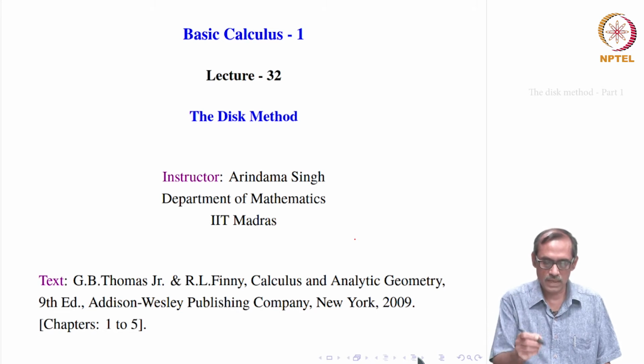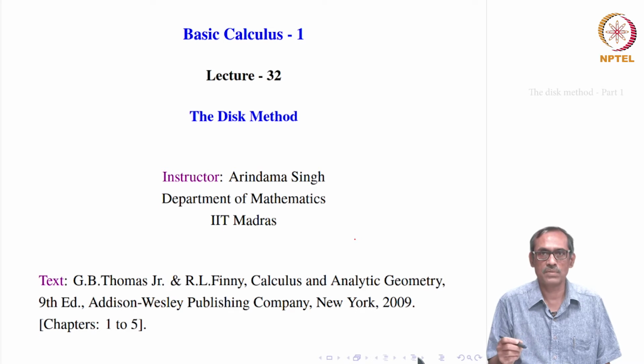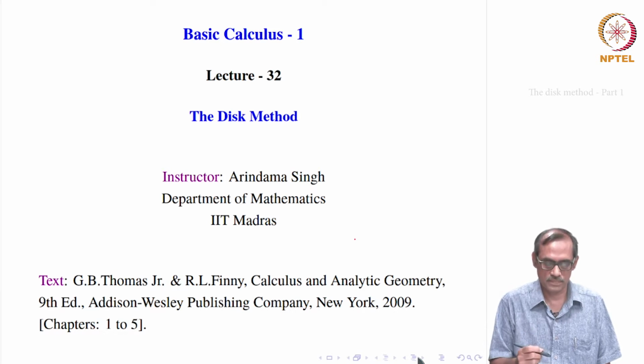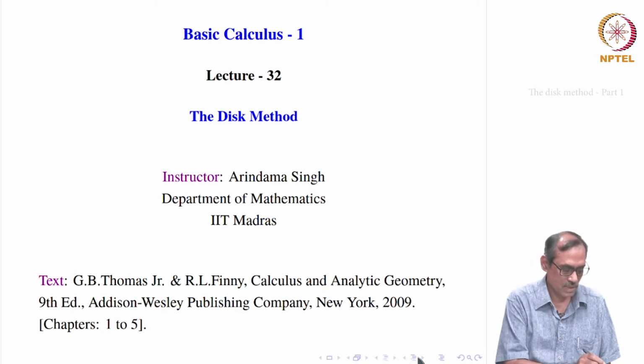Specifically, we will be using solids generated by revolving a certain area around a straight line. They are called solids of revolution. There, the slice method is renamed as the disk method. We will see how we go.